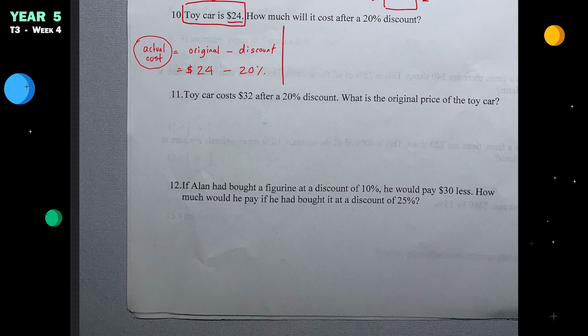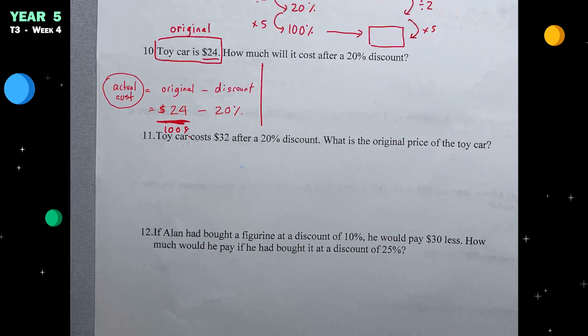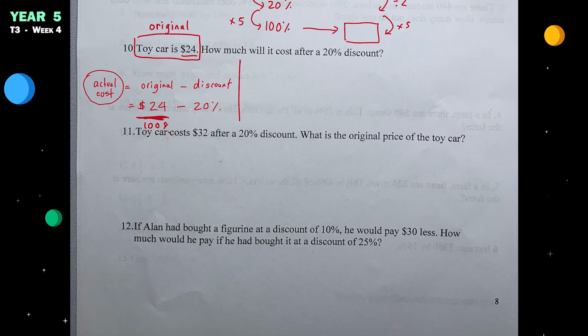The original number is always your 100%. Initially there's 100% of it, we have all of it. So 100% is your $24. The question is, what's 20%?